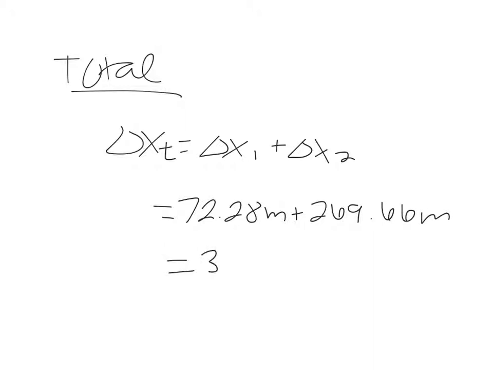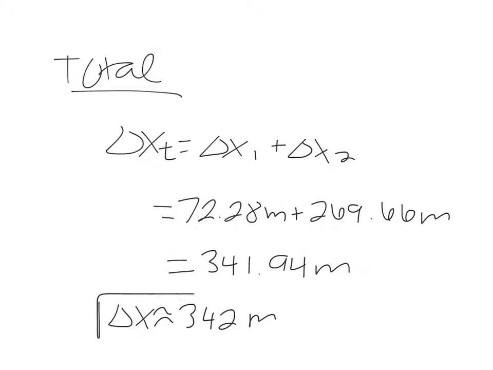This equals 341.94 meters. Problem has 3 sig figs, so rounding this to 3 sig figs gives us a delta x of approximately 342 meters. The main thing you had to look out for here was that you were recognizing 2 different types of motion, constant velocity and constant acceleration, and recognizing when to use which equation.